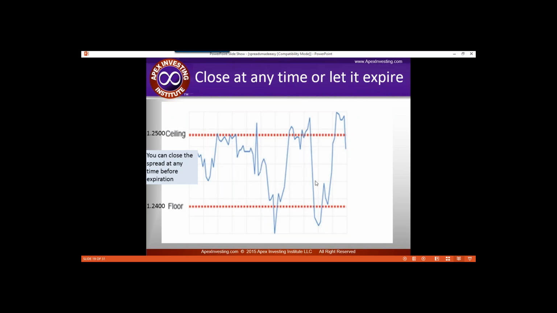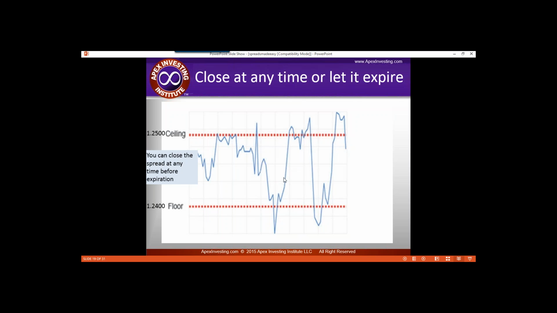But you also know going in that you've got $50 risk here if the market goes down. If the market goes down 500 ticks, you still only have $50 risk. That's how your risk is capped. No matter what the market does, you can only lose money to the floor.